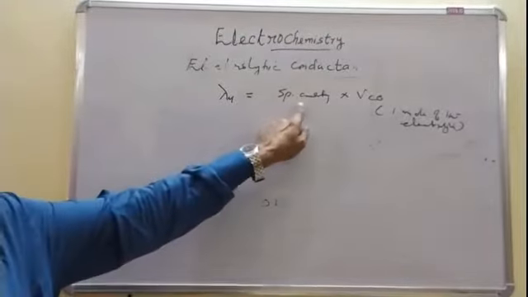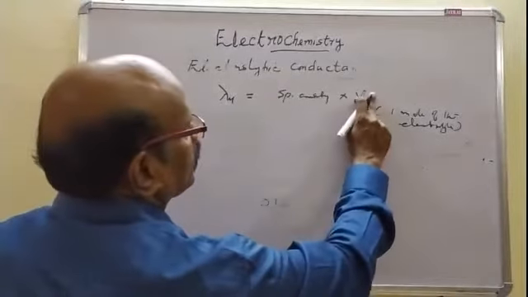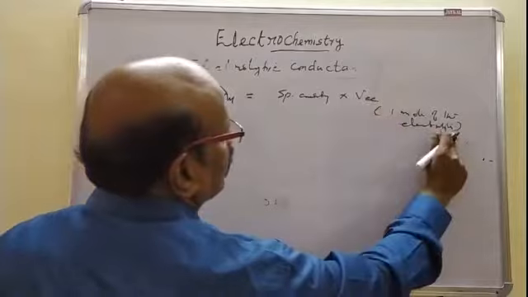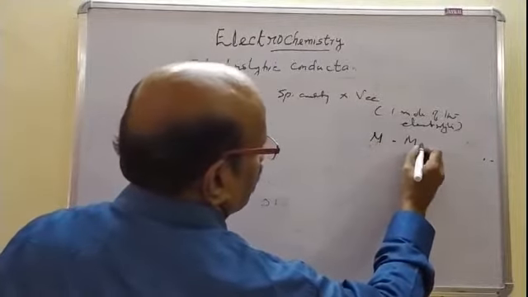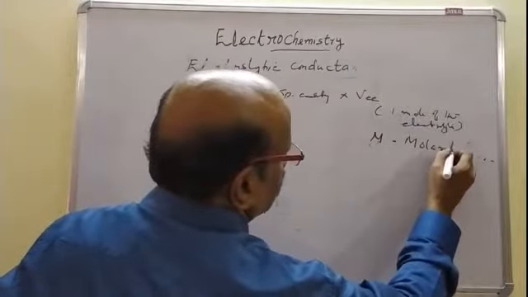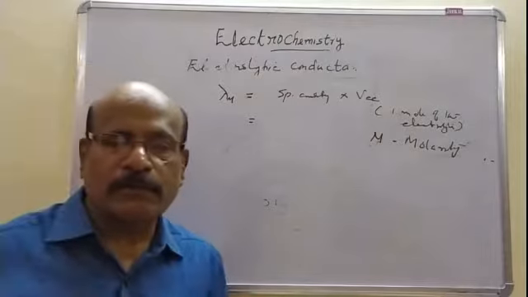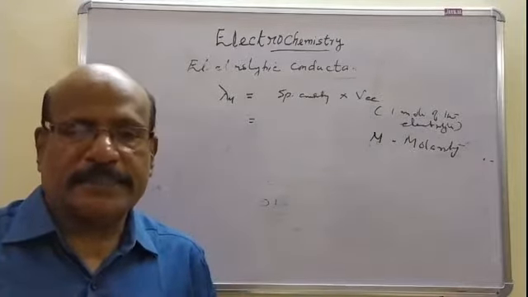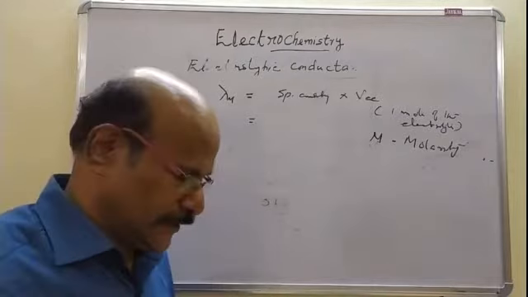So, molar conductivity is defined as the product of specific conductivity and the volume of the solution in cc containing 1 mole of the electrolyte. Suppose M is the molarity. As you know, molarity is the number of gram moles present in 1000 cc of the solution, that is, the number of moles per liter.